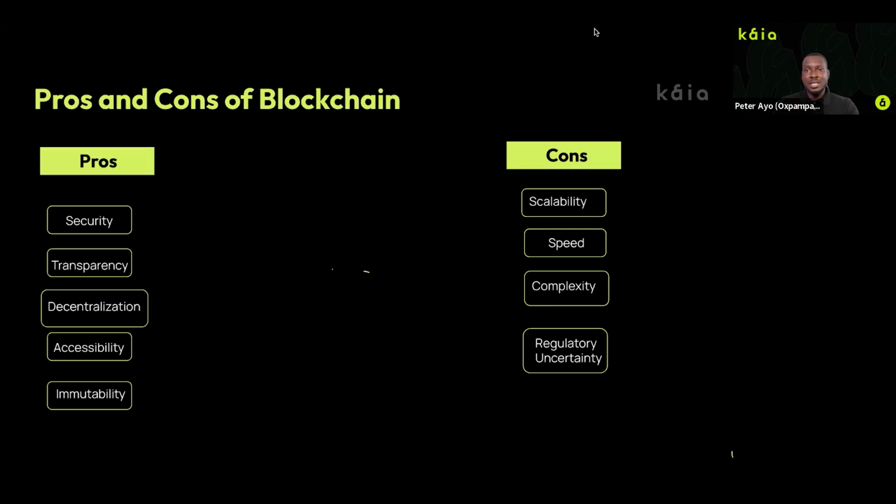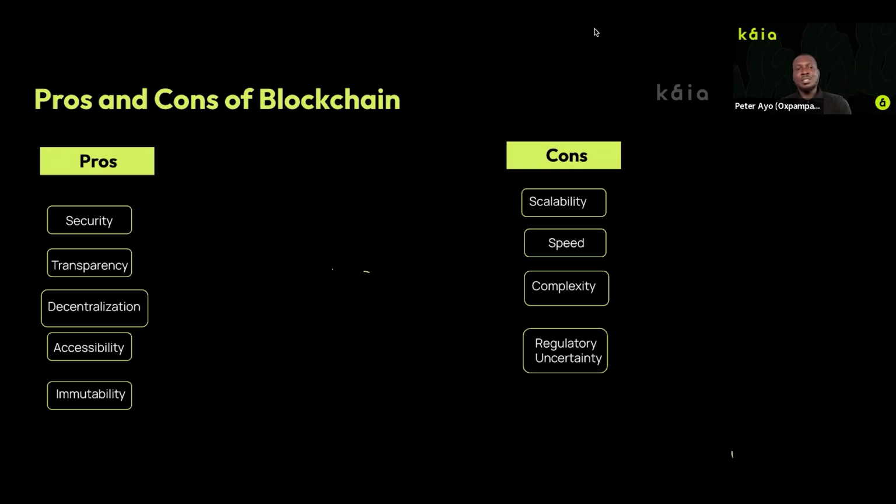The next on the list is accessibility. This is one of the very cool ones, where anyone with an internet connection can just do stuff on the blockchain, can send crypto from party A to party B, or can just receive crypto from anyone from any part of the world.